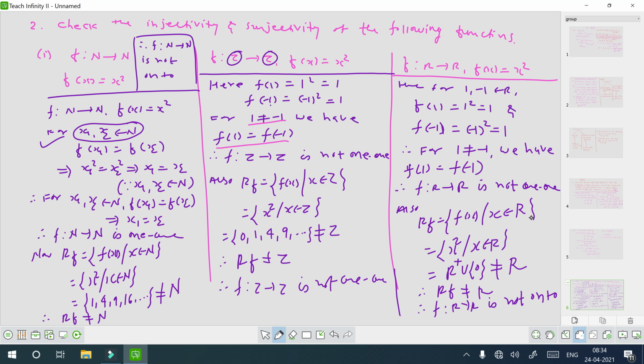It is not injective, because injectivity means one-oneness, and surjective means checking whether it is onto or not. Clear? Yes.